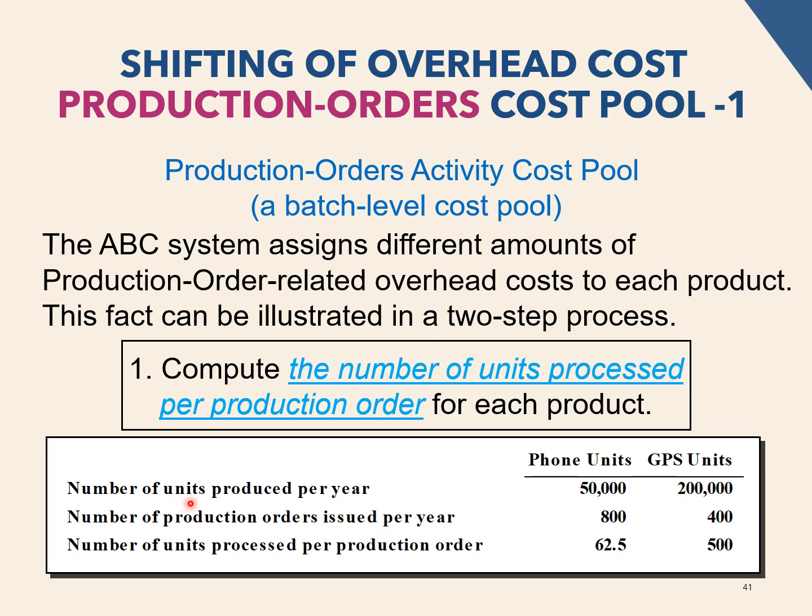The number of units produced per year for phone is 50,000, for GPS is 200,000. Number of production orders issued per year for phone is 800, for GPS is 400. So the number of units processed per production order would be 62.5 for phone and 500 for GPS.